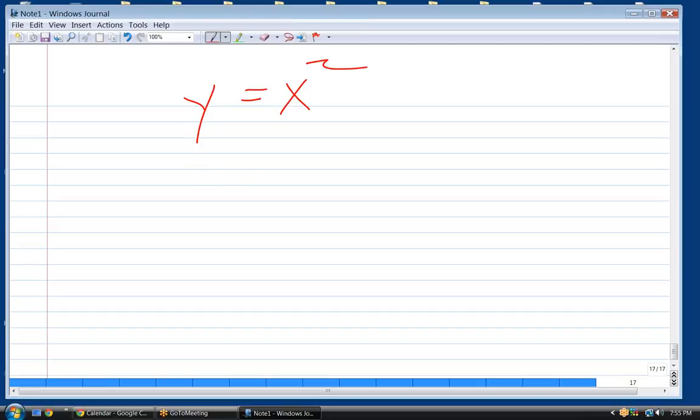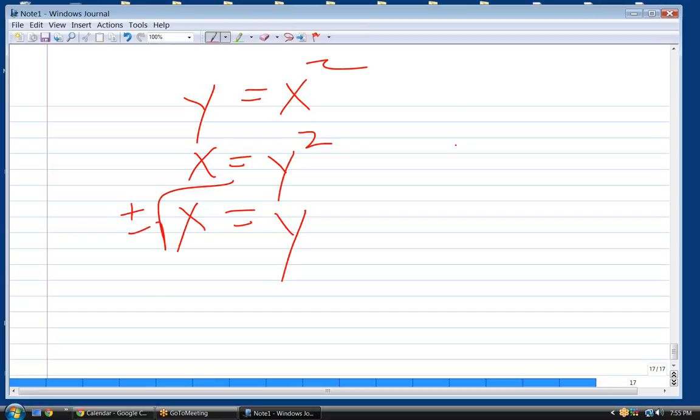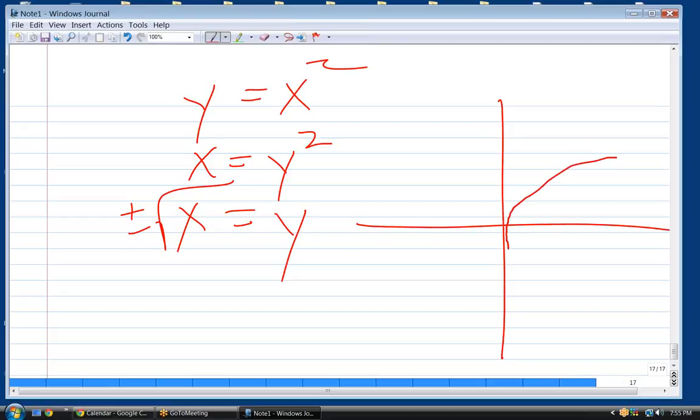X equals y squared, so would it be square root of x equals y? Plus or minus the square root of x. And that's big because this isn't a function. That's what that looks like.